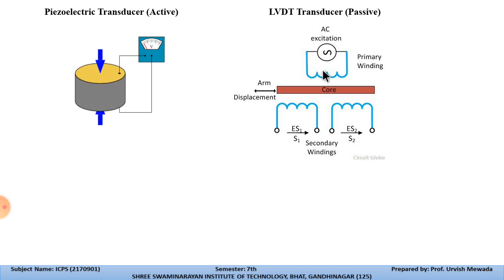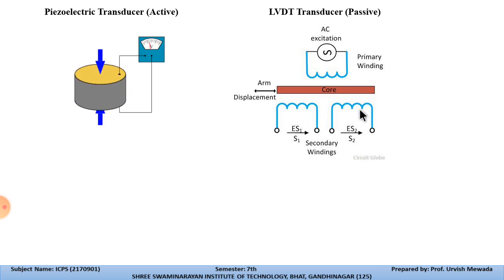As we move this core, there is a cutting action of the magnetic lines of force which come from the primary side and go to the secondary side. If the core is at ES1, ES1 will develop maximum EMF compared to ES2. So ES1 minus ES2 is positive, so the output is positive.